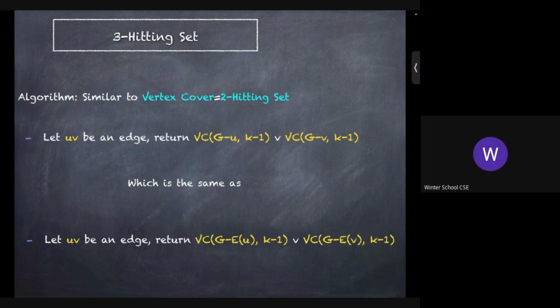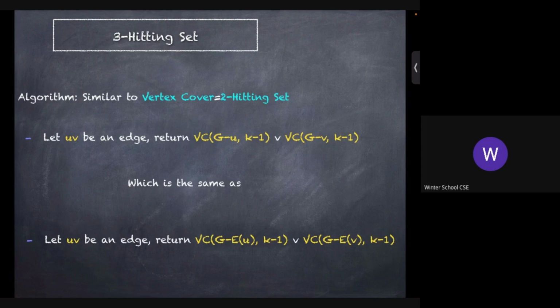The other way of seeing this: with vertex cover, instead of removing a vertex, I can say I remove the edge from my graph, because I don't have to cover it anymore, and then I reduce my parameter by 1.